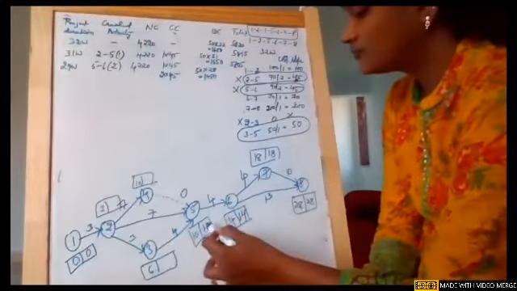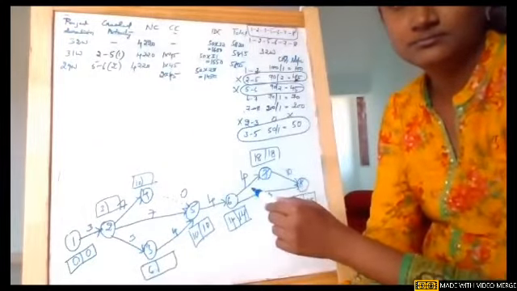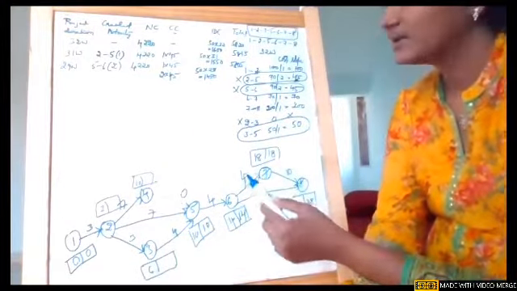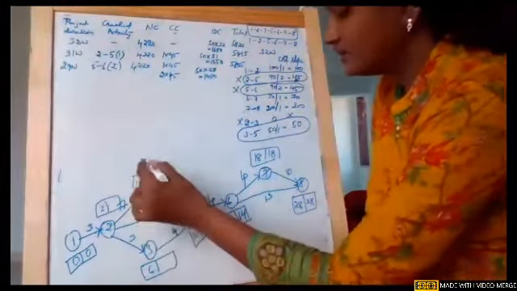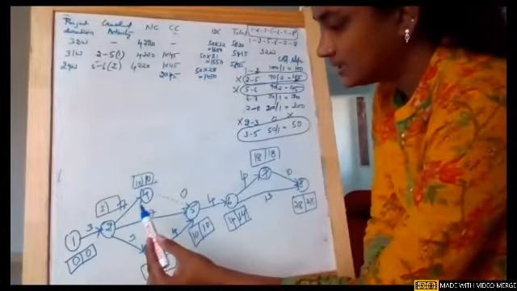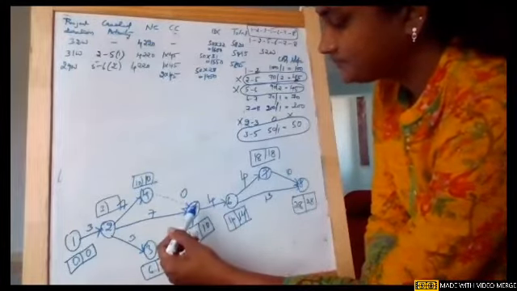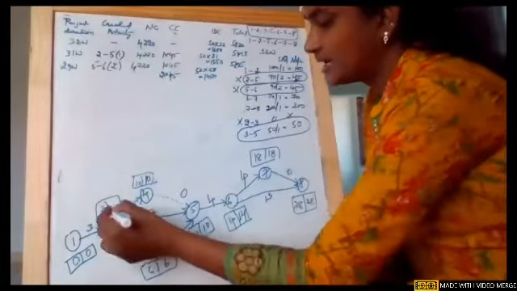So 14 minus 4, 10, and 10 minus 0, okay, this gives you 10. If you see now, the entire network is critical, okay? 10 minus 4, 6 and 3.